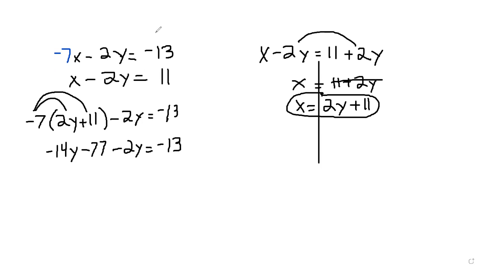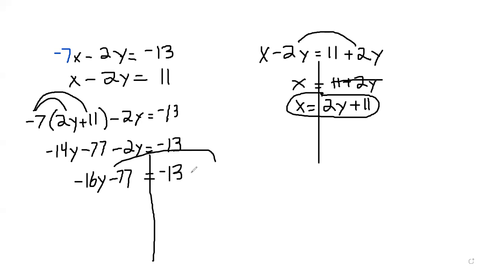All right, so what can we do here? Well, I notice we have a y here and a y here, so we can combine these two. So negative 14y minus 2y is going to be negative 16y. I'm going to draw my fence here, should have drawn it before. And then we have the minus 77 equals negative 13. Okay, we're doing just fine. Now the negative 77 will jump and become a positive 77.